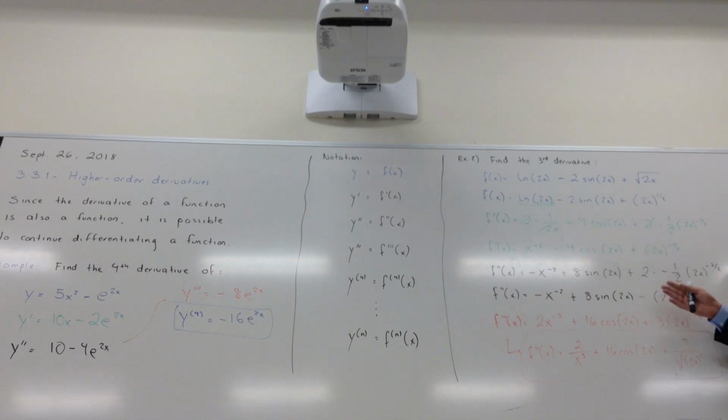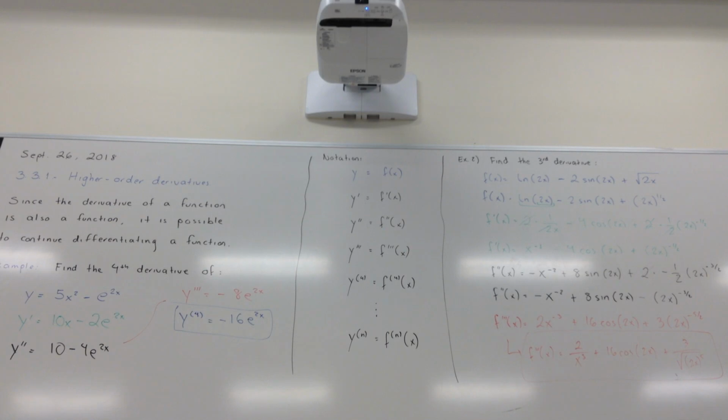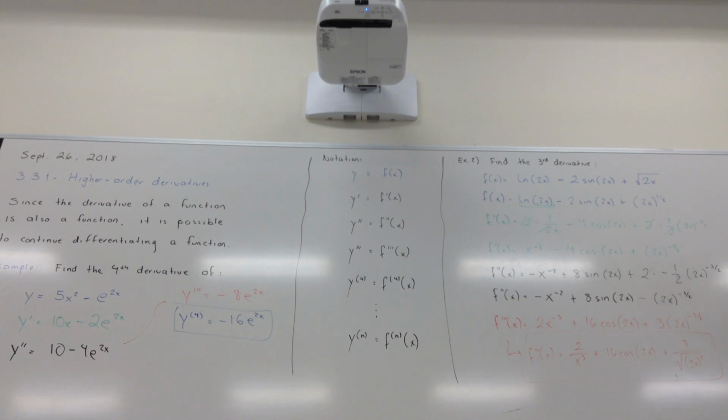Yeah, if you don't see this kind, you add another step to find it. But the answer will be like that. See? What's the derivative of e to the x? E to the x. Or in this case it's e to the 2x. So the derivative is 2 e to the 2x, because it's the chain rule.